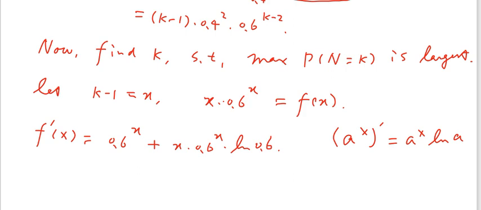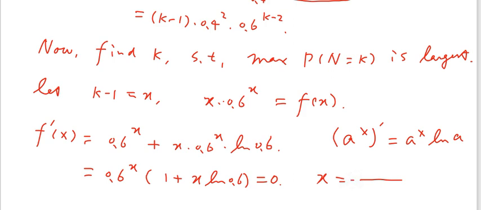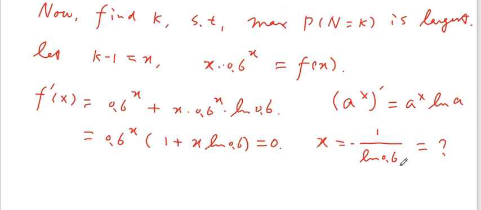So we let this equal 0: 1 plus x log 0.6 equals 0. So we find x equals negative 1 over ln 0.6. Okay, so we can find this k. This is not an integer, so we just find the closest integer.